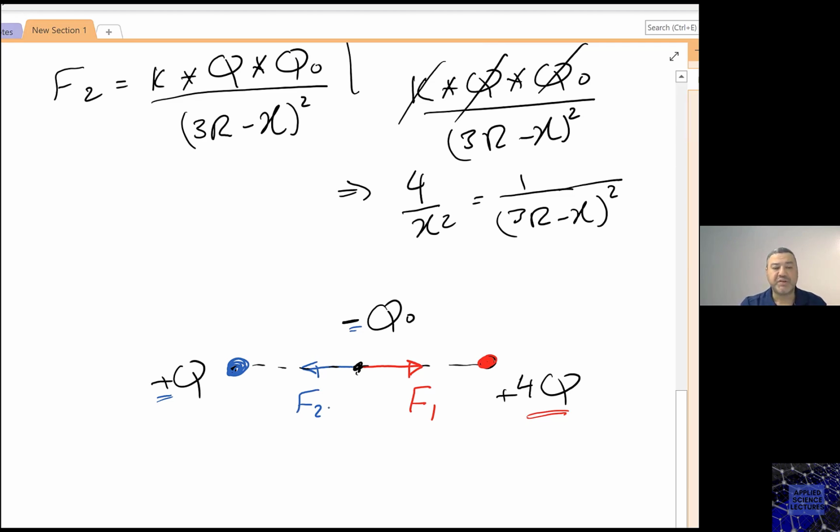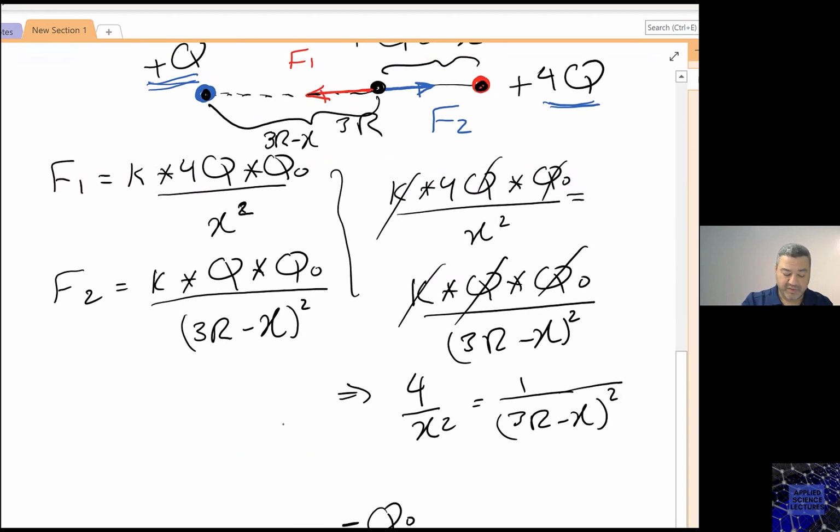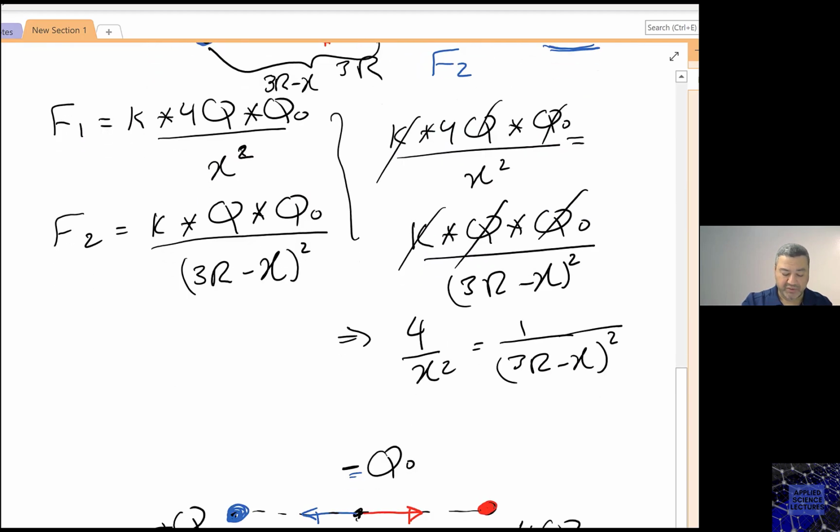So both forces are opposing each other, which means I will find a point where F1 would be equal to F2 in magnitude, and since they are in the opposite direction, those two forces would cancel each other, and the net force would be zero. So, what is the conclusion? Of course, it can be solved, the same way we did solve here.